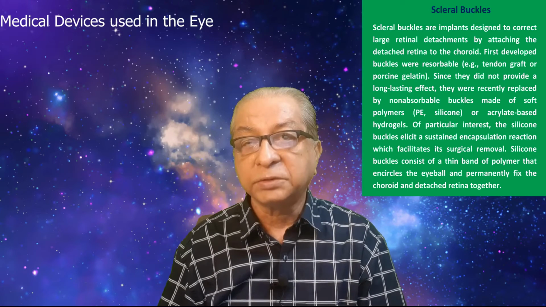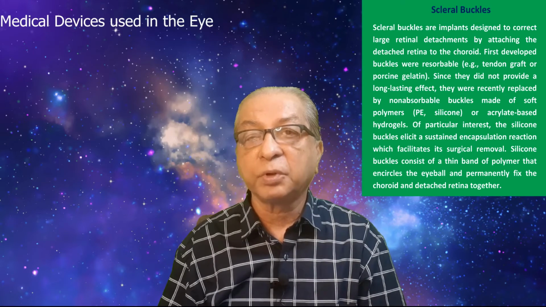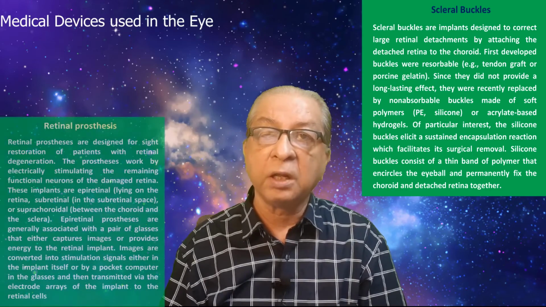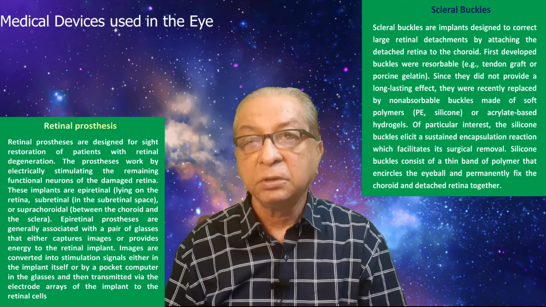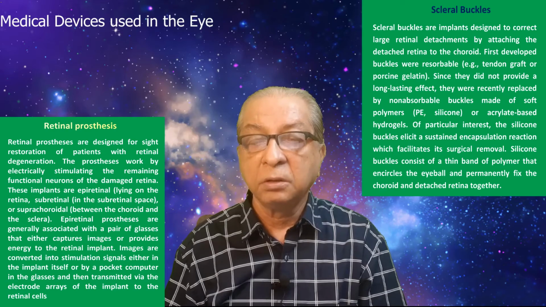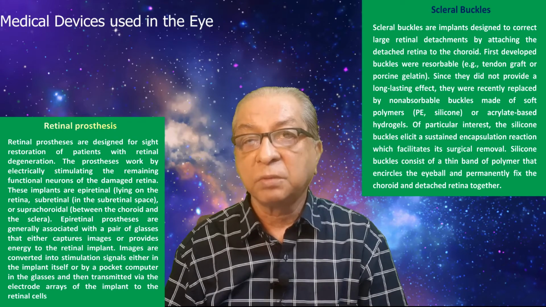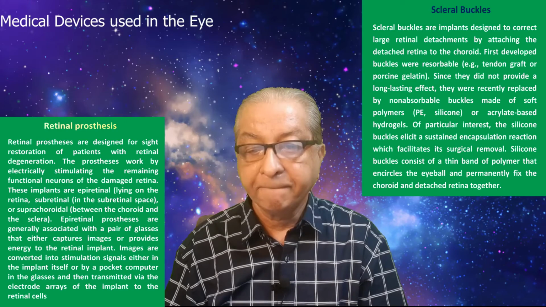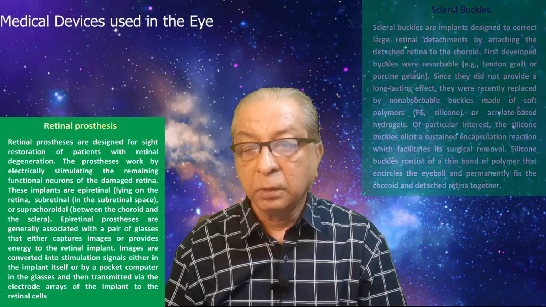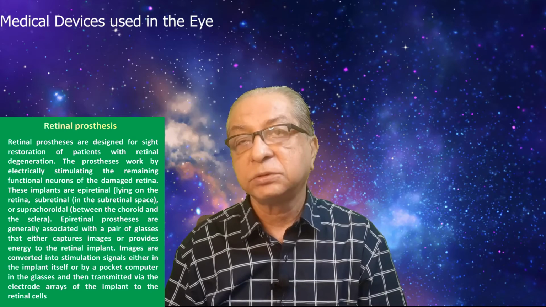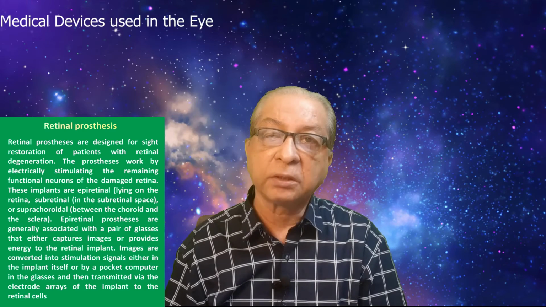Then, like the sclera, there are retinal prostheses. If something happens and the retina gets detached or torn, you have some devices to repair these conditions. There are subretinal spaces there.